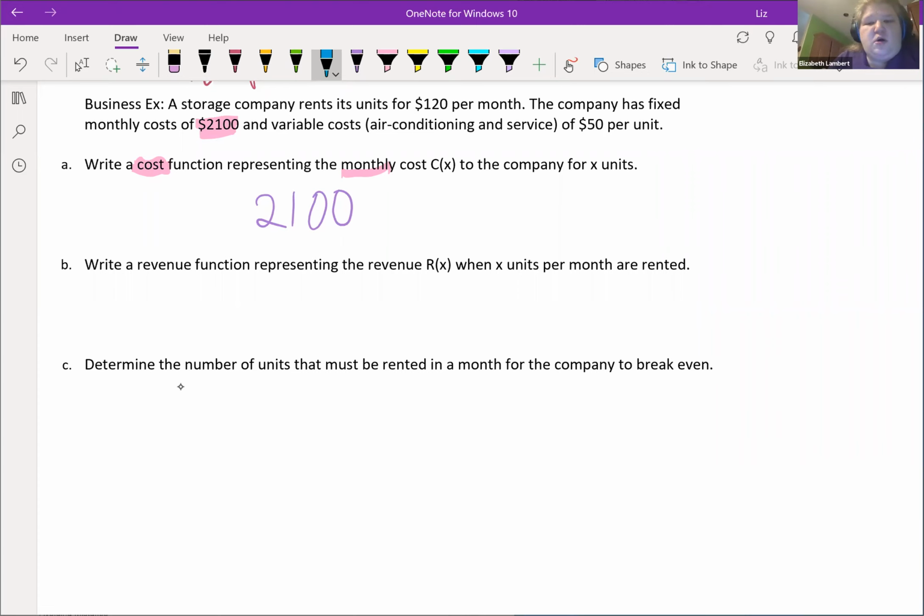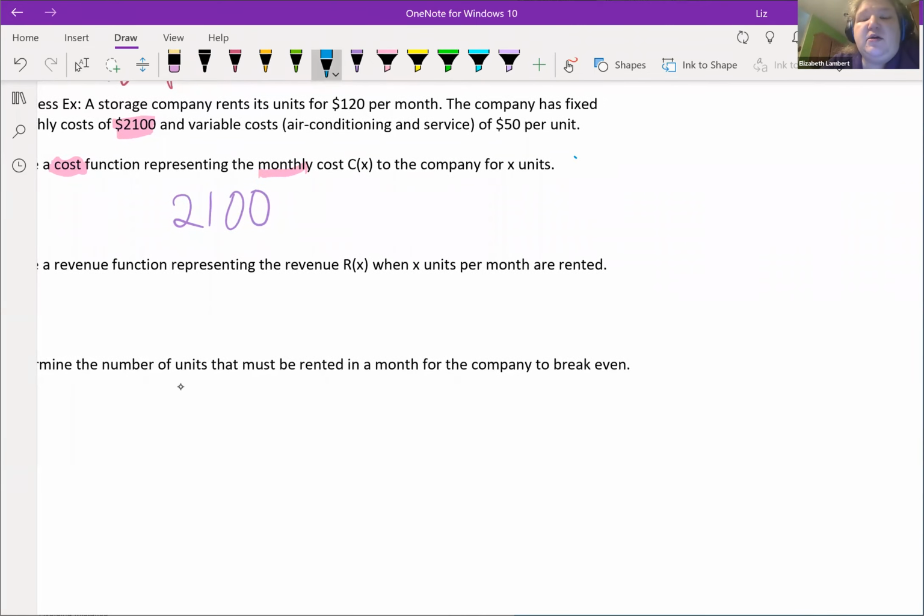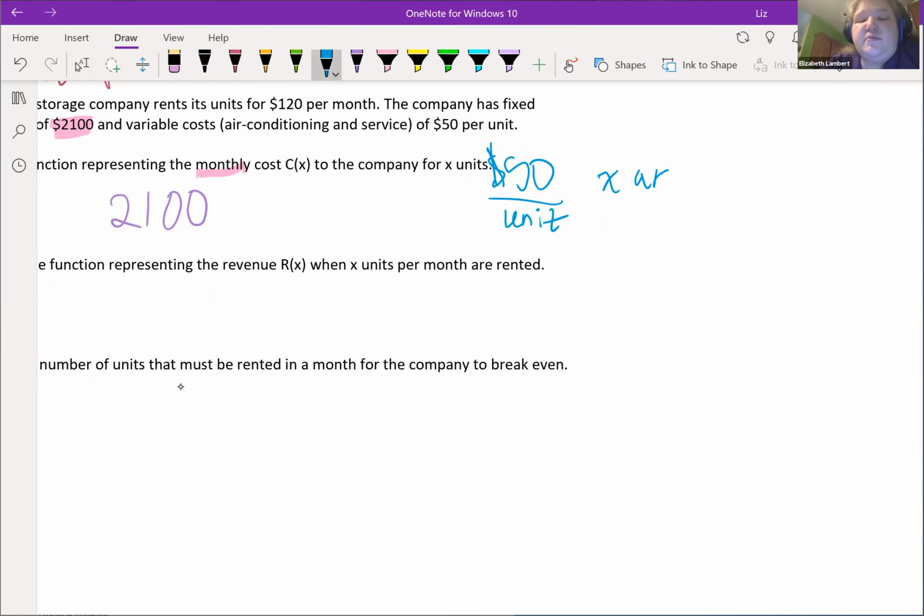Whatever it is though, the 50 per unit, and I'm going to write this off to the side. So we have $50 per unit. And then I have X units. Here's that chemistry again.